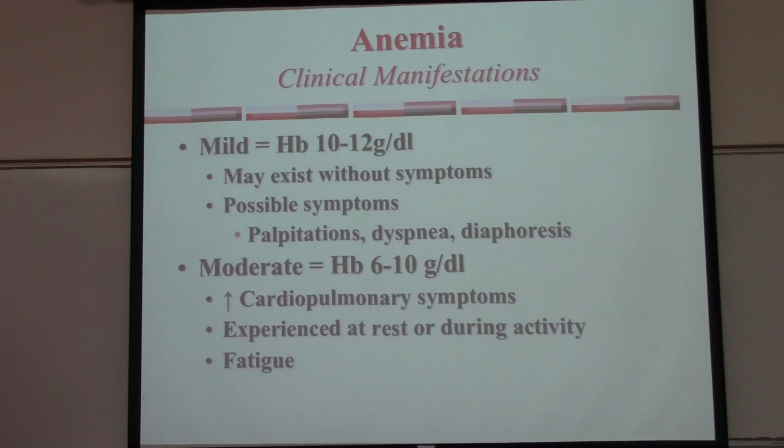A little teeny bit. Right, 3% is floating around in plasma. 3% of the total oxygen that your body gets can float around in plasma unattached to hemoglobin. 97% of the oxygen that your tissues get is attached to hemoglobin and delivered by hemoglobin.